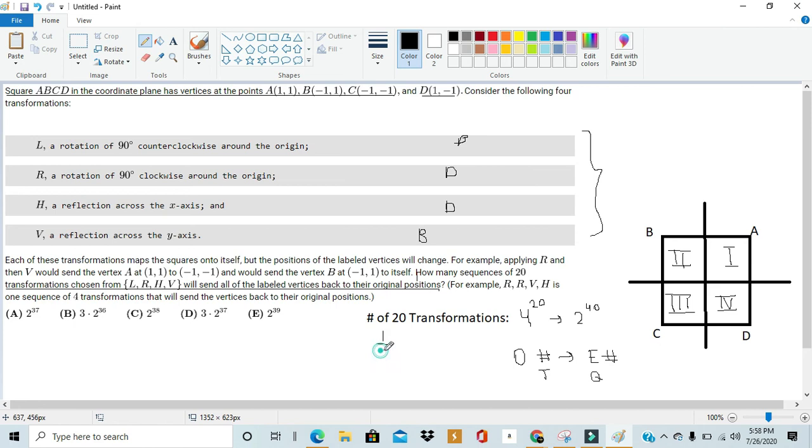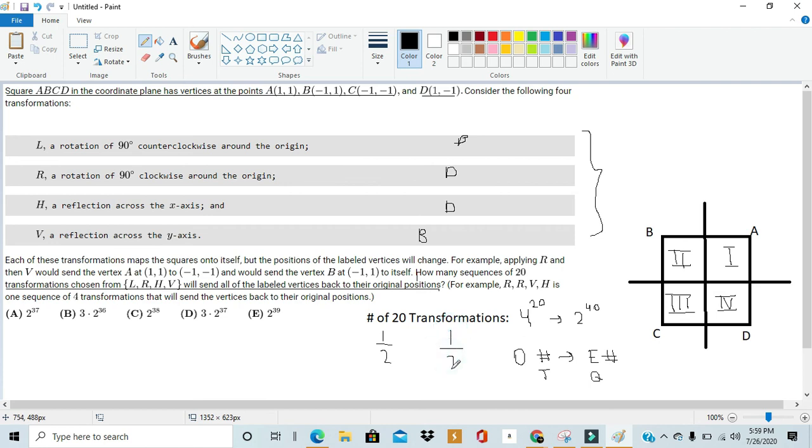However, that's not our sole answer, because if A is here and B is down here, that's not going to work as well. B always has to be adjacent to A, no matter what. So if A is here, B could either be where B is supposed to be, or it could be where D is right now. So, once again, B has two options it could be in, but it can only be in one right answer. So B has a 1/2 chance of being in the right place.